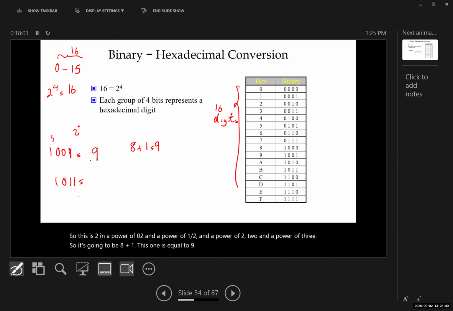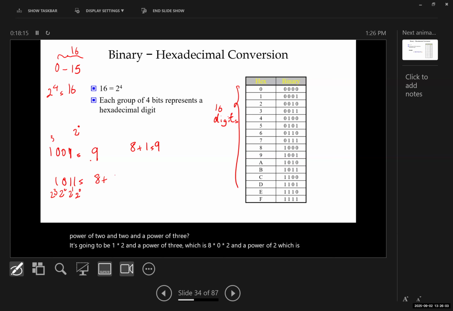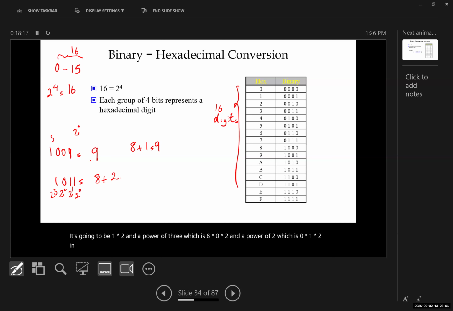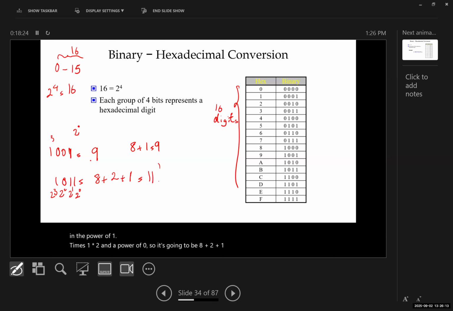Second one, what is the second one equal to? 2 to the power of 0, 2 to the power of 1, 2 to the power of 2, and 2 to the power of 3. It's going to be 1 times 2 to the power of 3, which is 8, plus 0 times 2 to the power of 2, which is 0, plus 1 times 2 to the power of 1, plus 1 times 2 to the power of 0. So it's going to be 8 plus 2 plus 1, which is equal to 11. In a hexadecimal, we can't show 11.